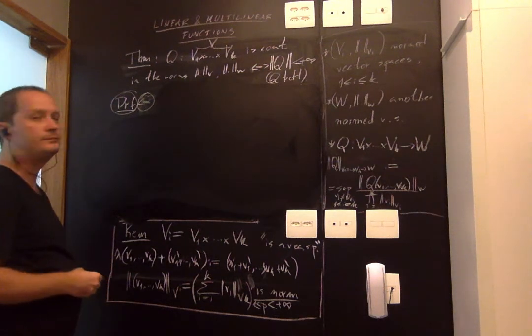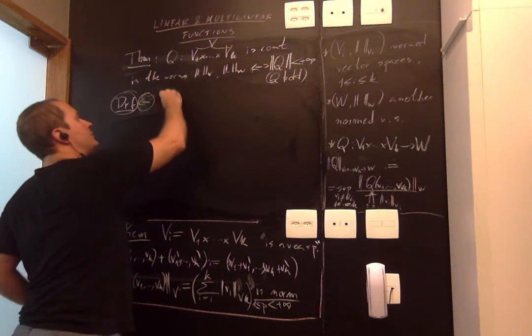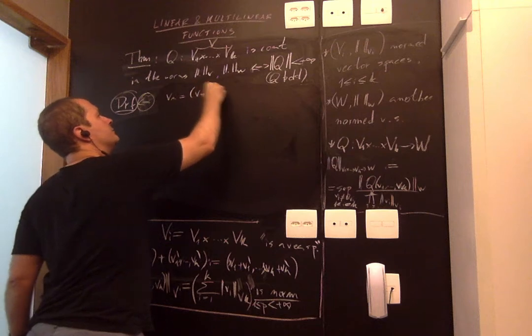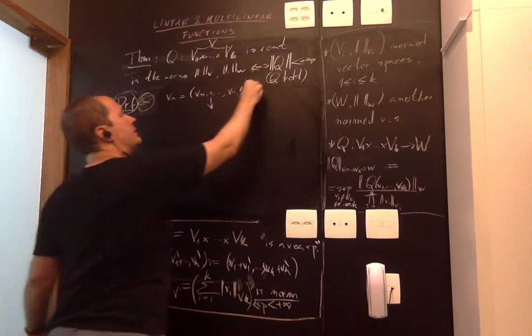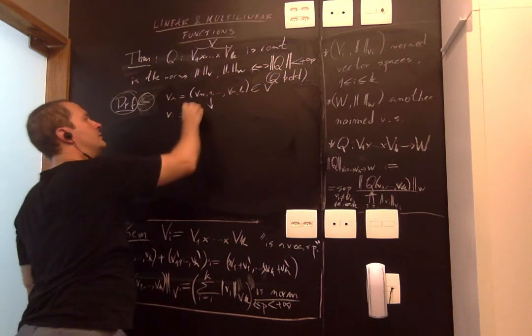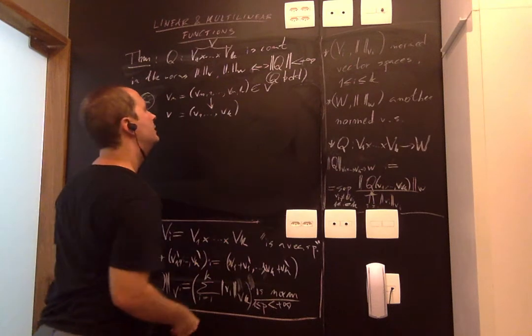So what do I have to do now? I'm going to write things differently. I have these guys, they're all in V, they're a sequence, and they converge to V, with components V_1 up to V_k.